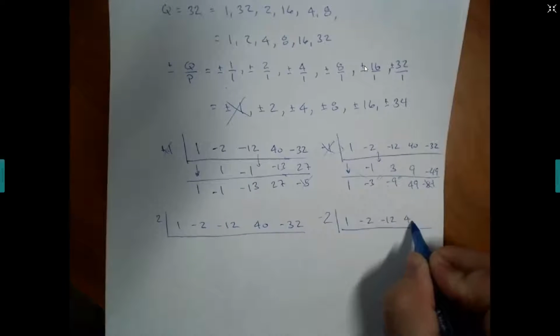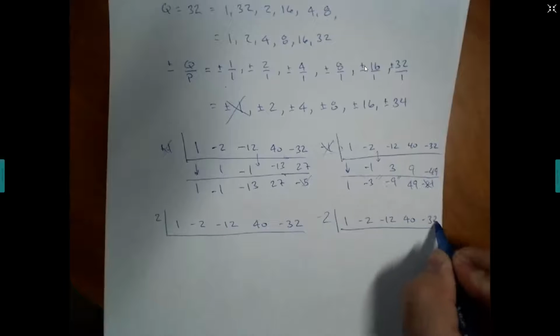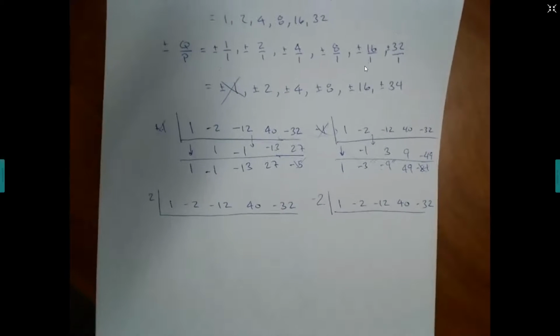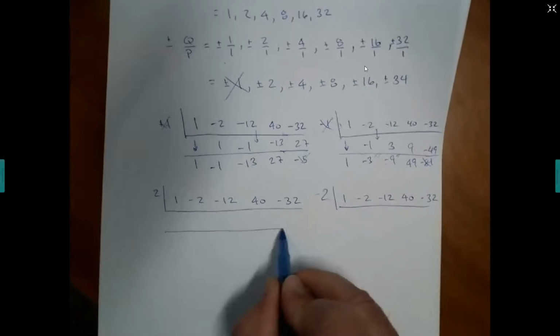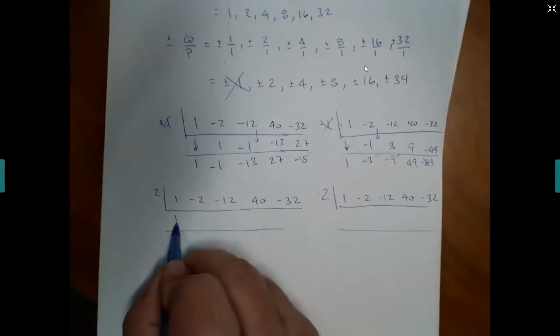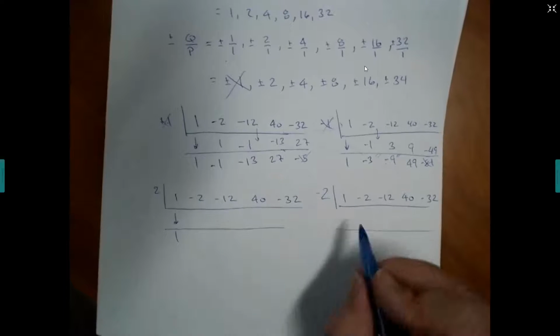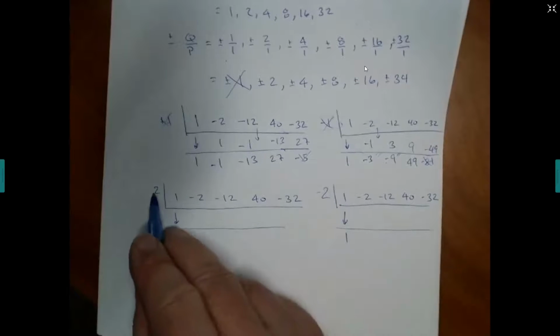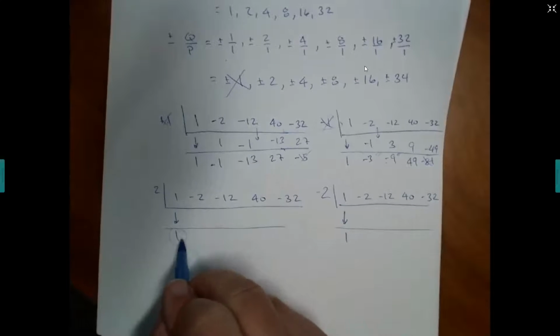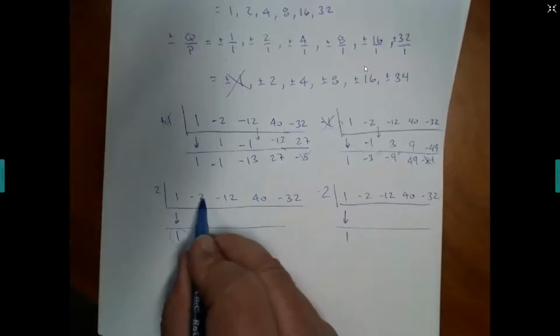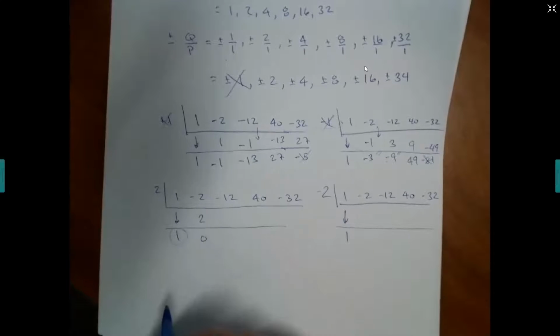Just write down what's inside my synthetic box. Bring down the first term, multiply. 2 times 1 is 2. -2 plus 2 is 0.